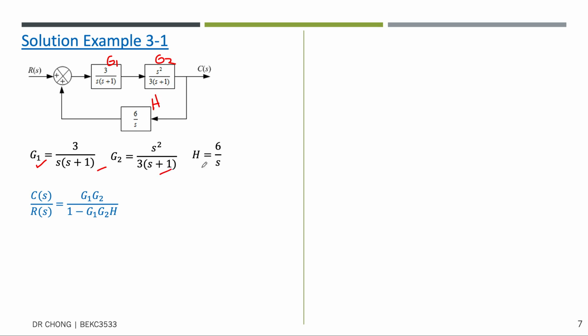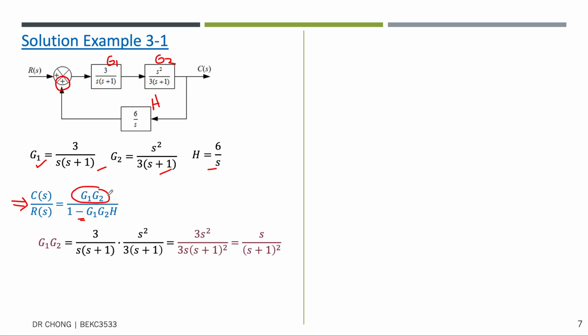You identify them clearly, and we know that to write the equation, C over R is 1 minus here because it is positive feedback. Next, let's get G1 G2. G1 G2 is just the G1 block multiplied by the G2 block, then you get this block.